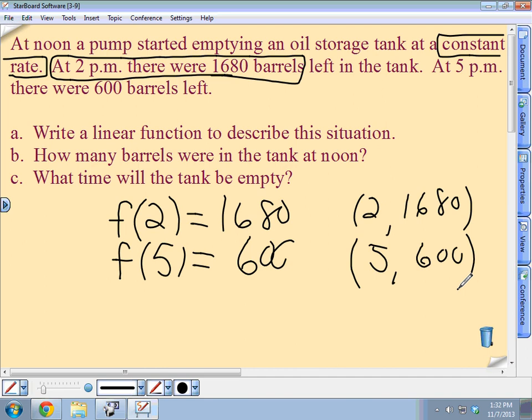Okay? Now everyone find the slope on your paper. Find the slope of this thing. It shouldn't be too bad. Use those 2 points to figure out your slope. It's a negative number, I'll tell you that.